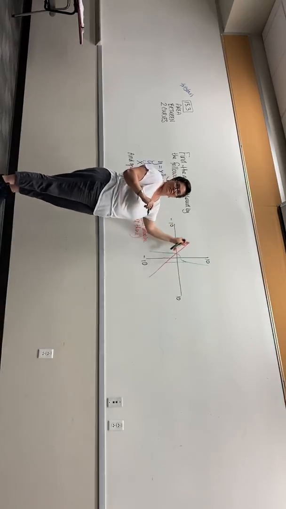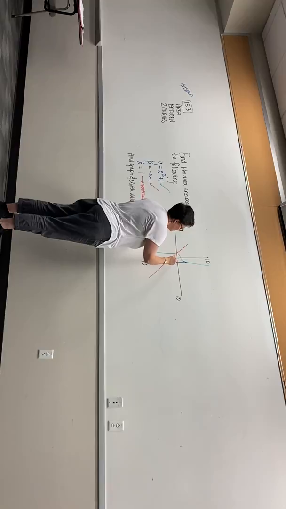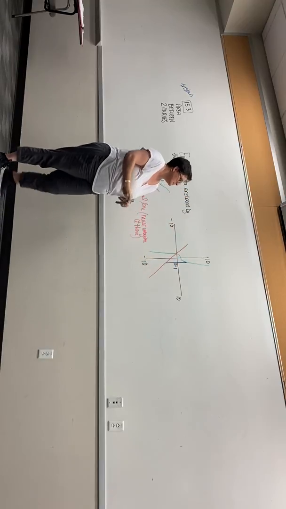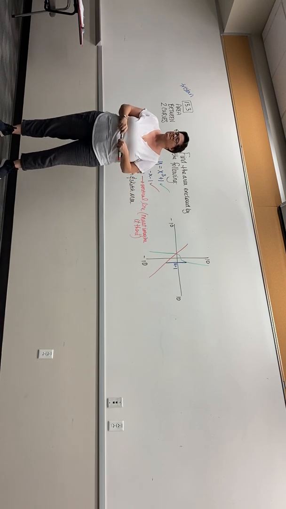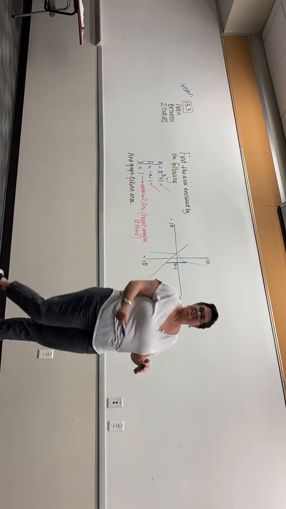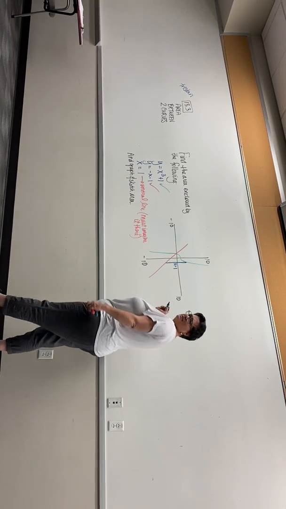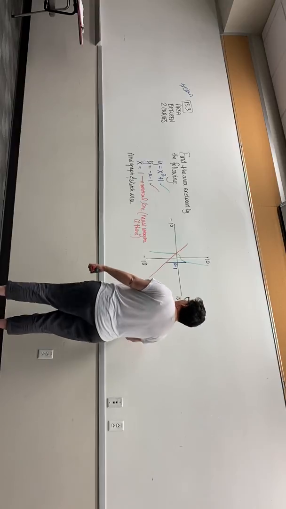But I said 1, so here's my vertical line for x equals 1. So we want to find the area of that piano-shaped thing, a harp. Yeah, find the area of the harp.